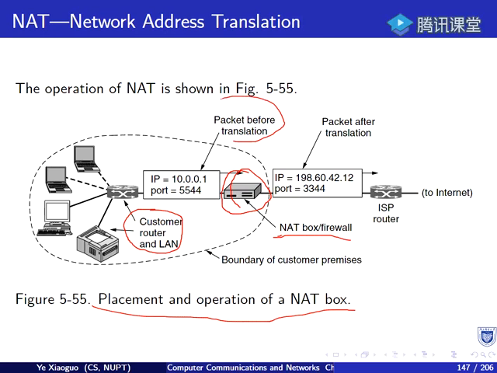Packets before translation have such a private address, 10.0.0.1 with the port number 5544. Then it is translated to the globally valid address 198.60.42.12 with a new port.